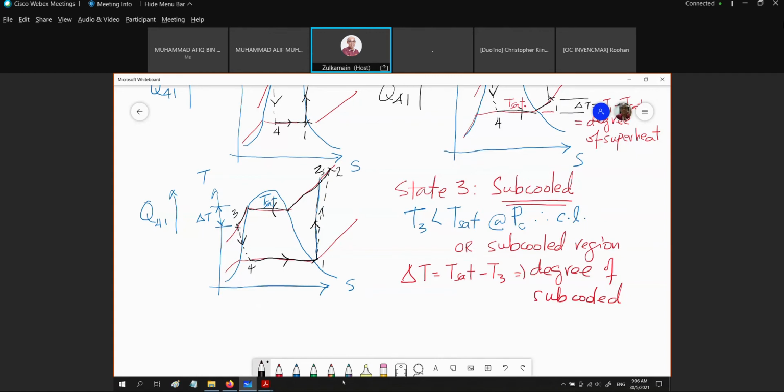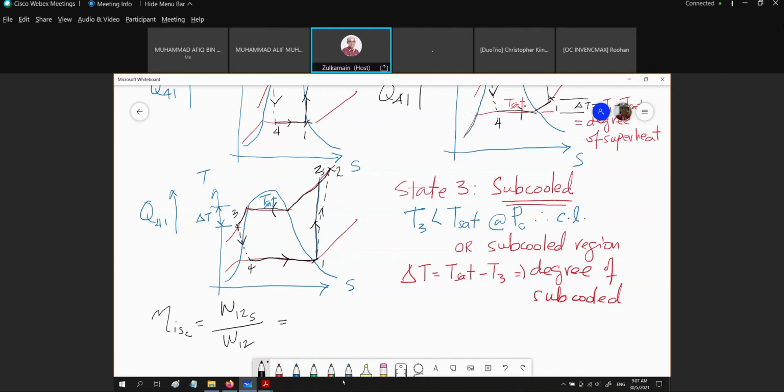Because what is the definition of the isentropic efficiency for the compressor? It is the isentropic work W1-2s divided by the actual work W1-2.